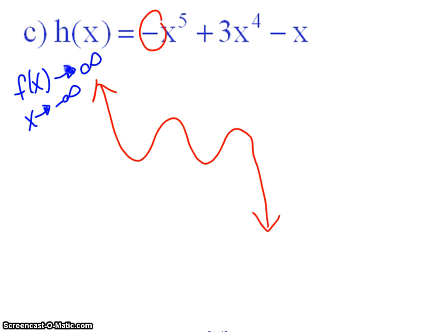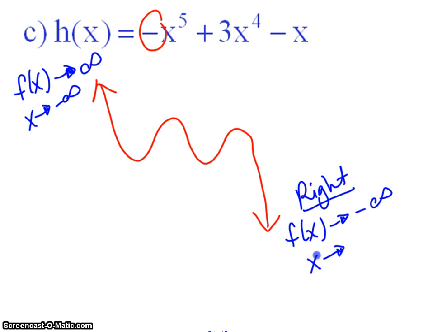So the graph is going up as your x is going to the left. What about the right side? F of x is going down, that's negative infinity, as x approaches positive infinity, it's going to the right.